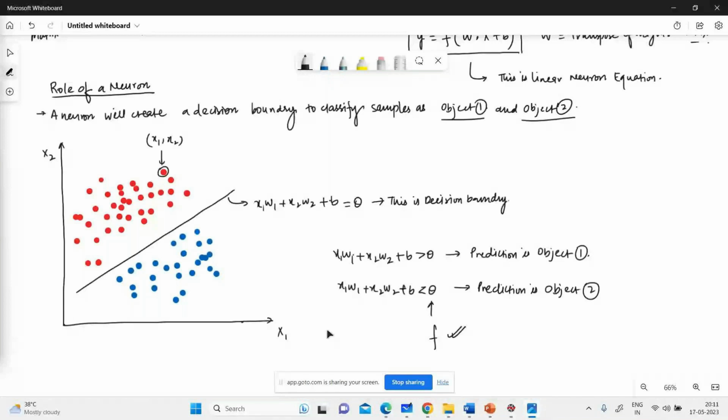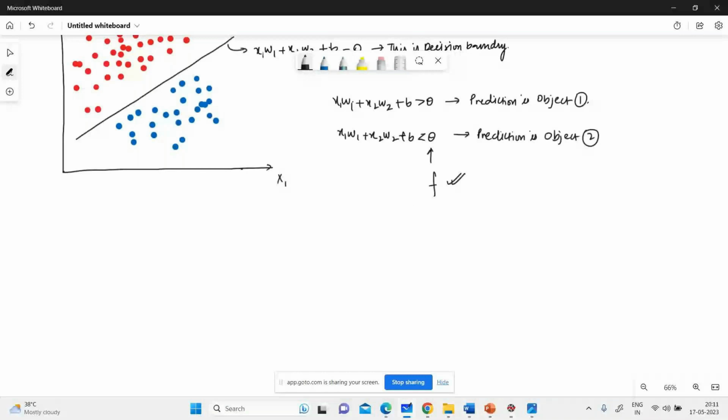Now, there are two concepts which should create curiosity: what exactly are the weights and what exactly are the biases. So, the role of weights and biases. Let's first talk about the weights.